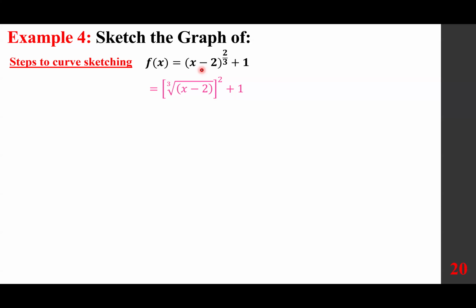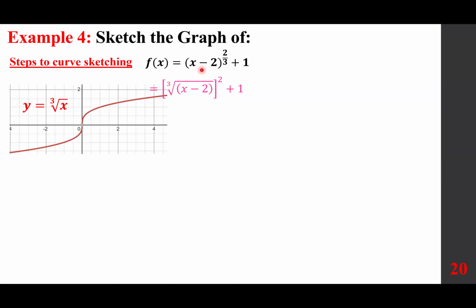You would graph it with transformations. I want to remind you of algebra. So what is y equals cube root of x? You should know the graph looks like this.